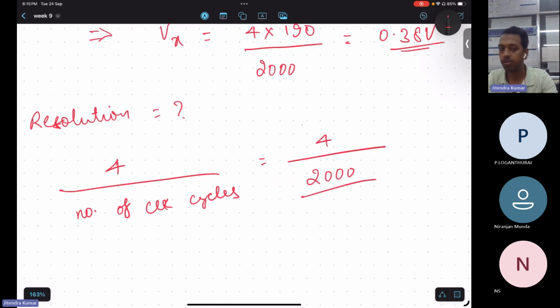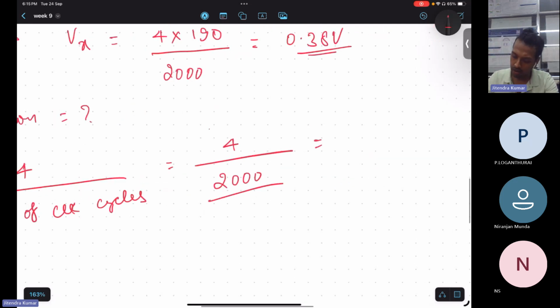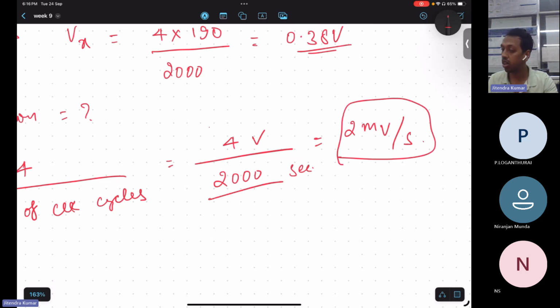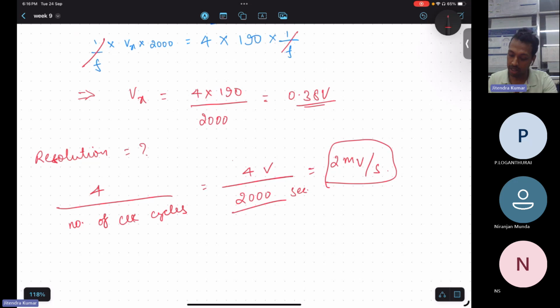So 4 divided by 2000 comes to 2 millivolt per second, because this is in volt and this is in cycles in second. That is the answer, but we are more concerned about why we are considering 2000 cycles, not 190 cycles.